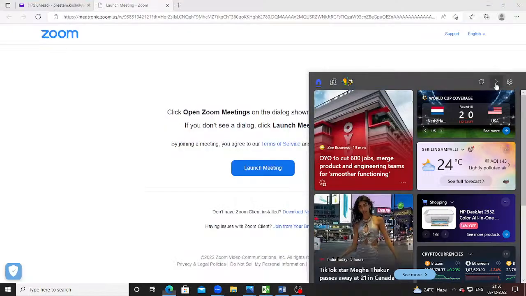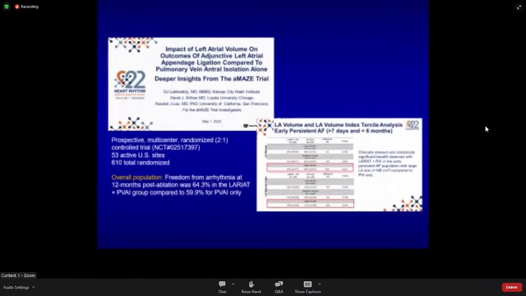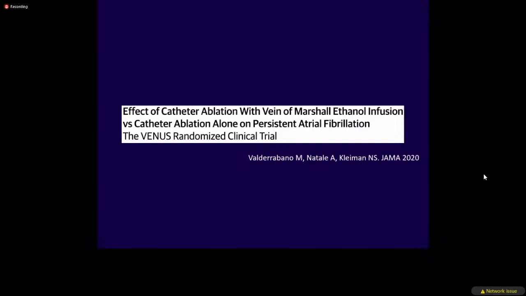They actually designed the study to look at that group. So two caveats: a design that was not really optimized to show the benefit, but even by doing only the PV, in the group with left atrial dilatation, there was a benefit from mechanically isolating the appendage with the LARIAT.